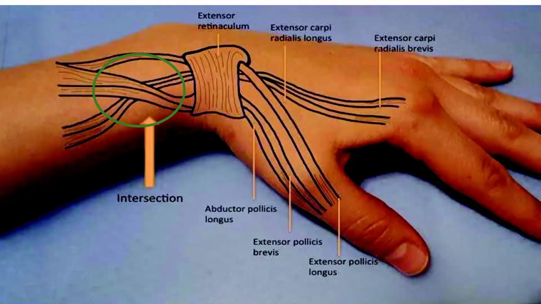These tendons at the cross section will have inflammation, and they will get the condition known as intersection syndrome, where you have inflammation at the intersection exactly.